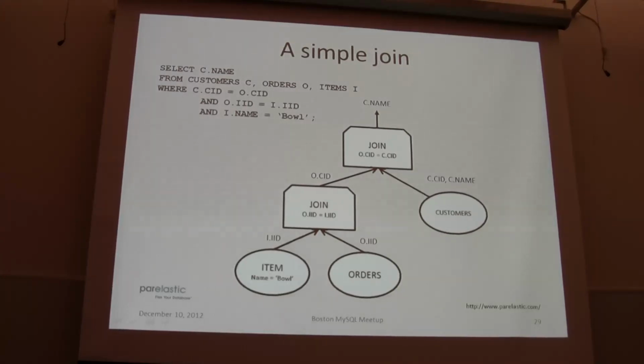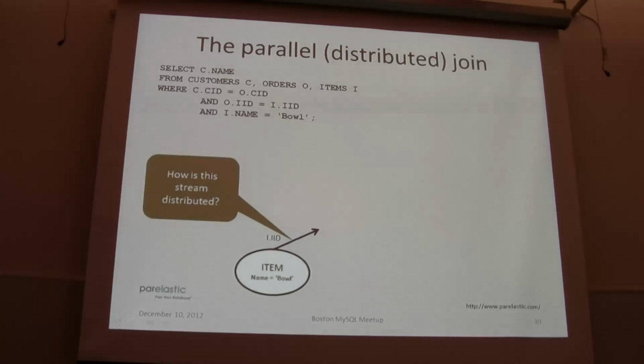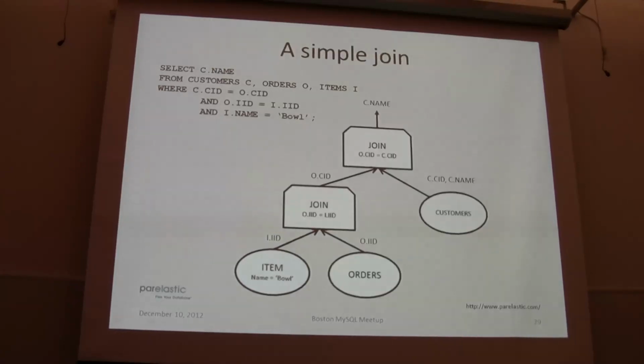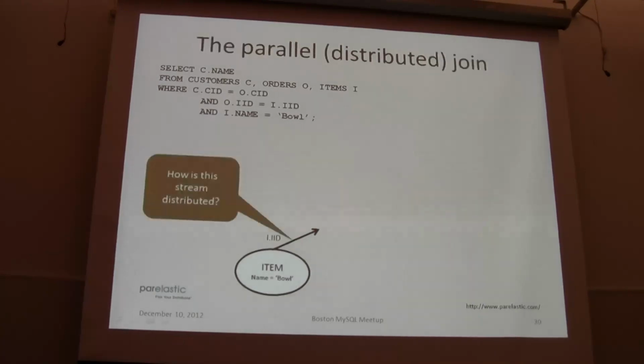Okay. So let's start. Every arrow in a bubble diagram, and there's a bunch of arrows here, we're going to talk about each and one of these arrows. Each arrow has a geometry, which is what's the column being sent, what's the collection of columns, but also it has a distribution. So you're scanning the table item. The distribution of that stream is however the item table happened to be distributed. How is the item table distributed?